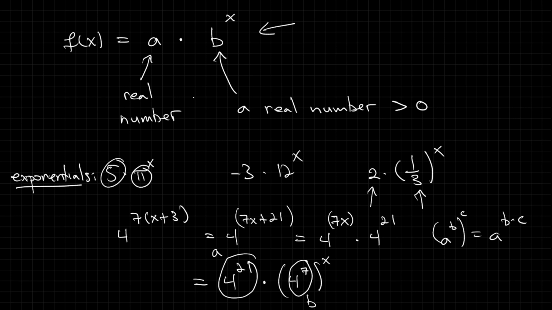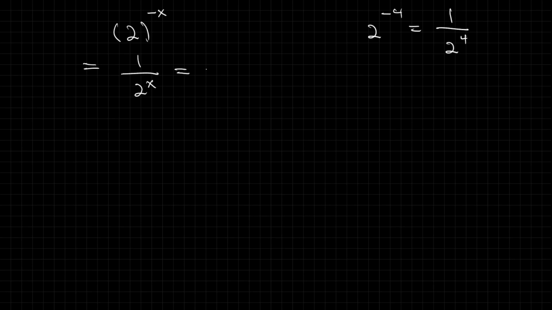Another example of an exponential function is when you have 2 to the minus x power, because if you do 2 to a negative power, that is the same as 1 divided by 2 to a positive power. So 2 to the minus x is 1 over 2 to the x, and this is the same as 1/2 to the x.